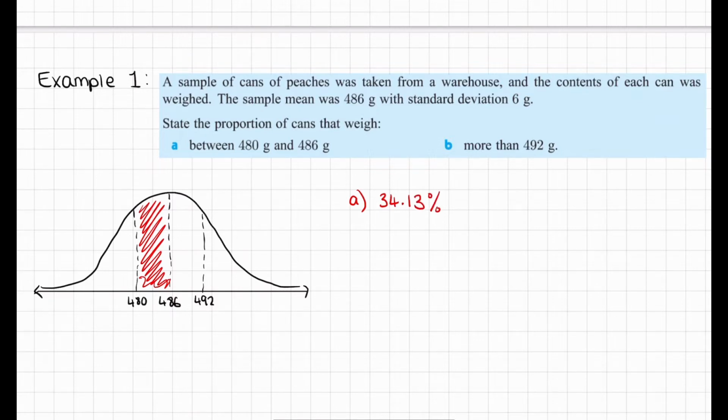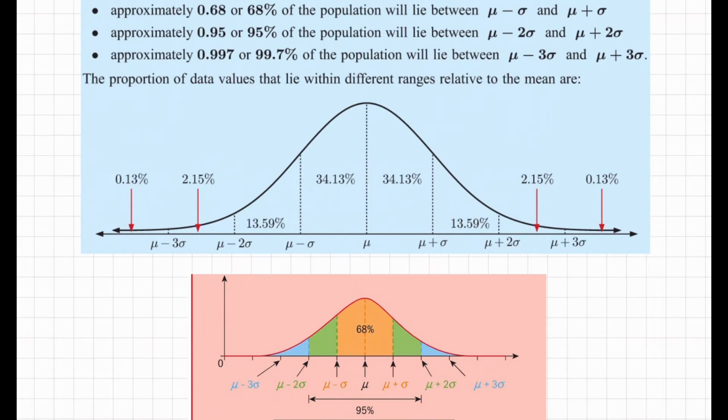Now part B wants more than 492, which will be everything above this line here. If we go back up to our diagram from before, you will see that it is going to be this plus this plus this, because our 492 is this point here. So we just add all those percentages together and we get an answer of 15.87.